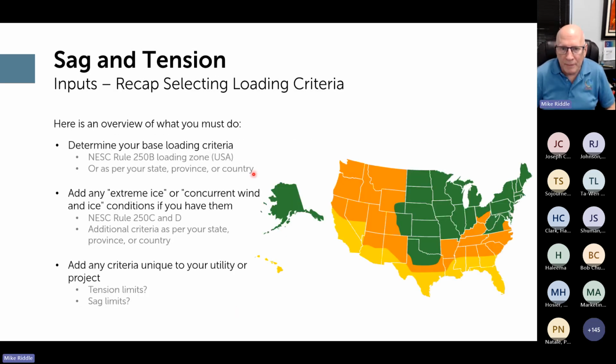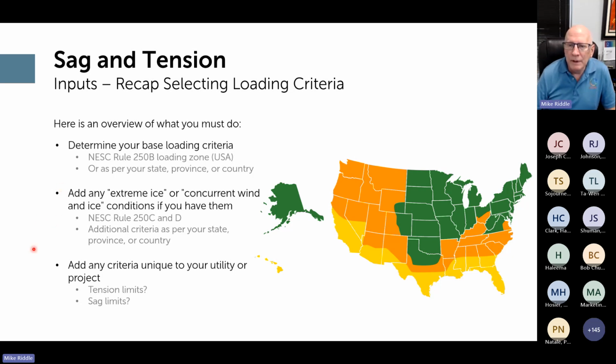So let's recap this process, because I know I presented a lot there. You need to determine your base loading criteria, NESC or whatever it is for your state, province, or country. If you're going to consider extreme ice or high wind conditions or a combination of the two, add those in.